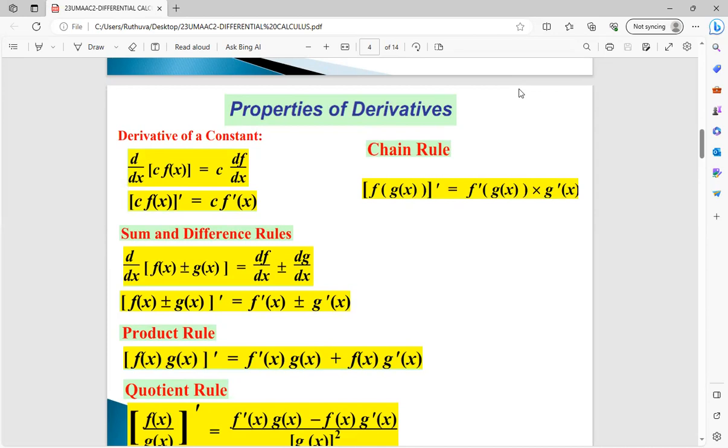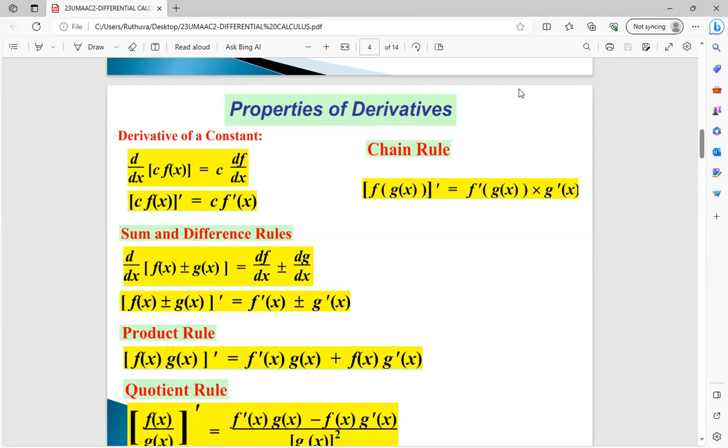Multiplying the function by a constant and then differentiating is equivalent to differentiating with respect to x and then multiplying by the constant. Both are equal. So the first property of the derivative is the derivative of a constant.